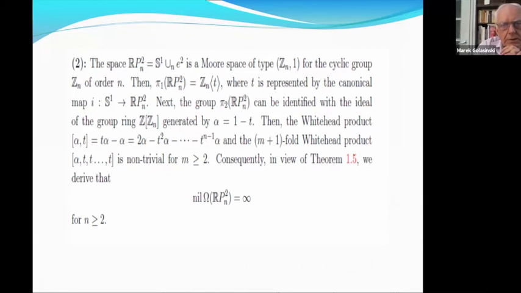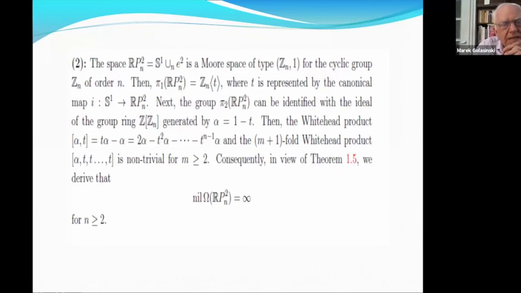And next, we consider the second homotopy group, and you can show that the second homotopy group can be identified with the group ring of Z over Z_n.